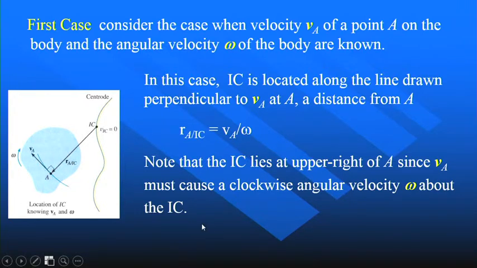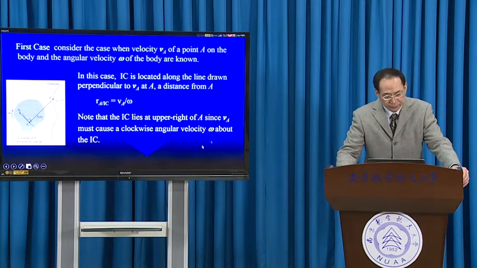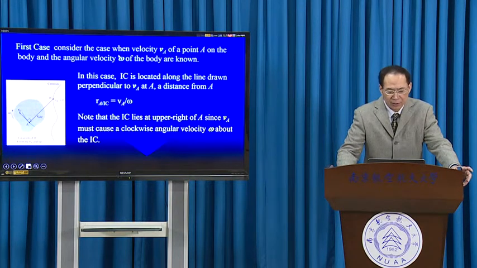So this is why we locate this IC this way. Okay? So this is the first case. I just mention it as the definition method. Use the definition of the IC, we can finally figure out the location of the IC.